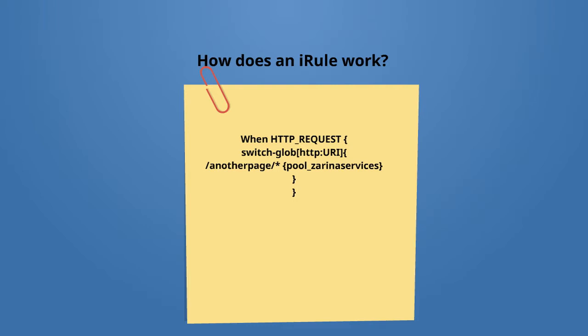So the client connects on port 443, and then the LTM will map another page to this pool, which is on port 3030, which is created on the LTM. So this is the sort of functionality that an iRule can provide. Again, you can create all sorts of iRules, but this is just a simple one that I wanted to explain to give you a gist of how it works.